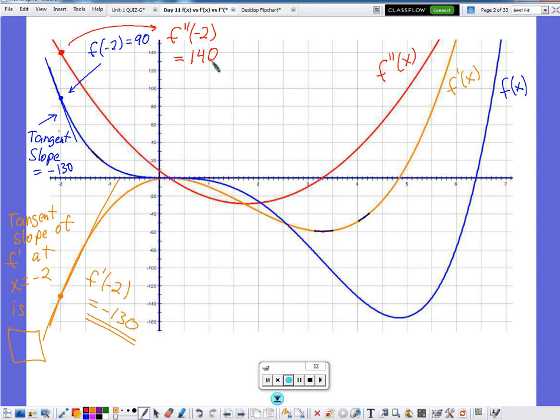The way I remember it is derivative means derived from. So f double prime was derived from f prime. So here we go, -2 comma 140 on f double prime means that back here on this graph, that specific tangent slope at that exact same x coordinate is that number. That's the idea.